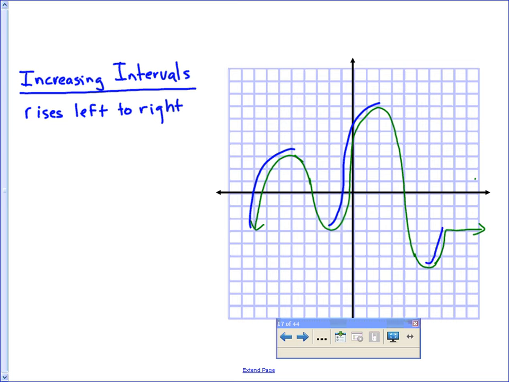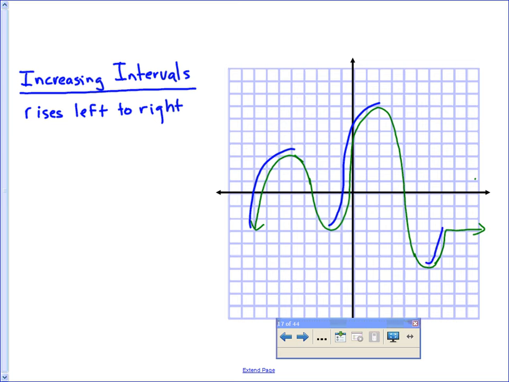Now let's go through and see if we can find our intervals of decreasing. So I'm going over those in red. So our intervals of decreasing are here. That's 1. And then here's the second one.